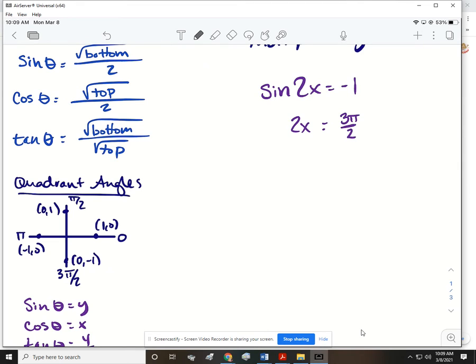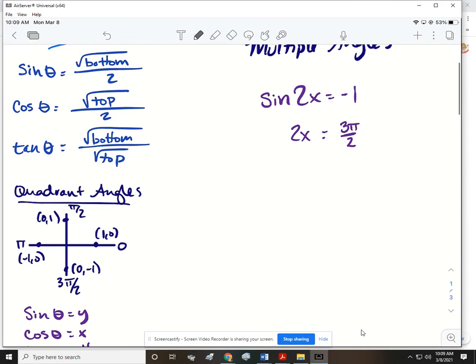All right. And then on the ones we're going to do today, we're not going to be given an interval. So we have to add 2n pi to that. Okay, so this is what 2x is. To find what x is, we're just going to divide everything by 2.